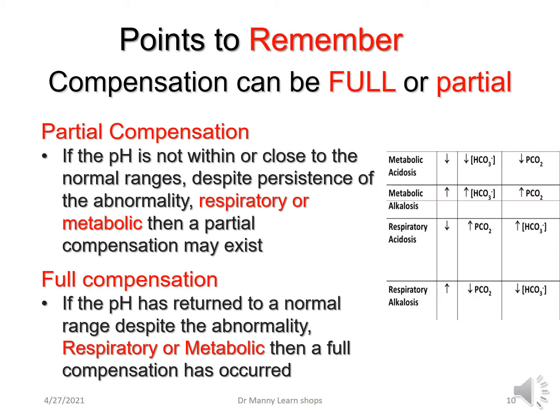If it hasn't returned to normal, partial compensation may have occurred. If the pH hasn't changed at all, no compensation has occurred. Compensation means that we are trying to get the pH back to normal, and this should be able to be demonstrated in the blood gas.